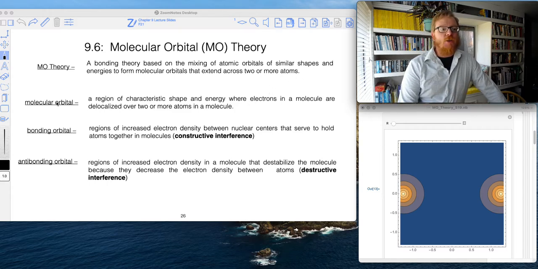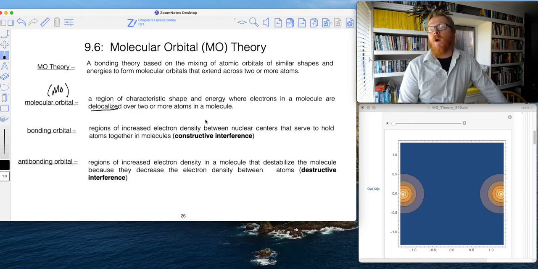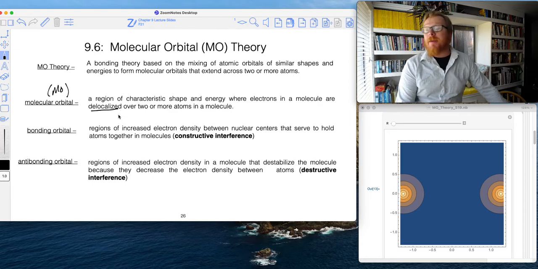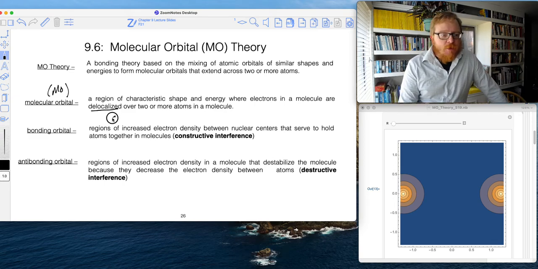Okay, so a molecular orbital, often written as an MO, is a region of characteristic shape and energy where electrons in a molecule are delocalized over two or more atoms in a molecule. So that delocalized really means they're spread out. Let's write that down.